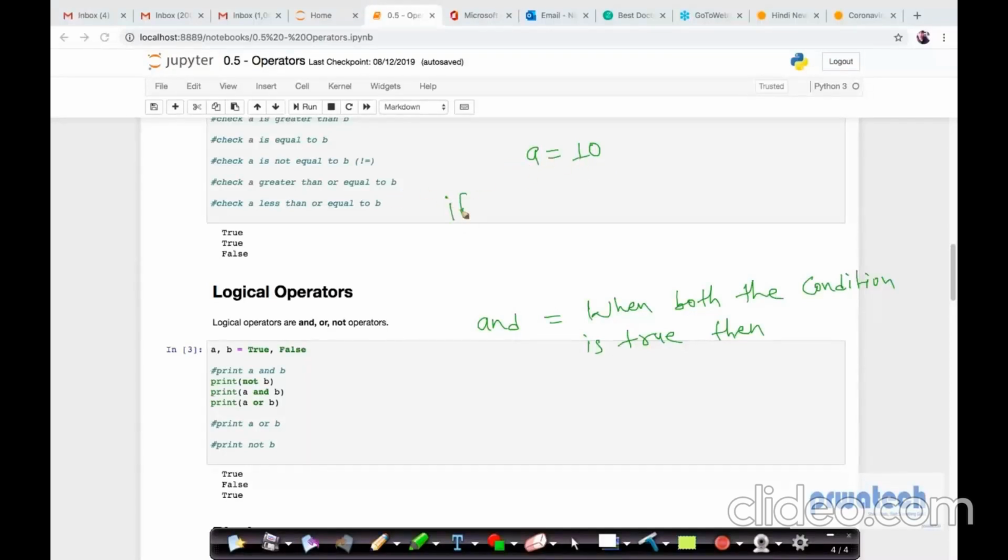I say if a is greater than 9 and 11 is greater than a, then print me even number.